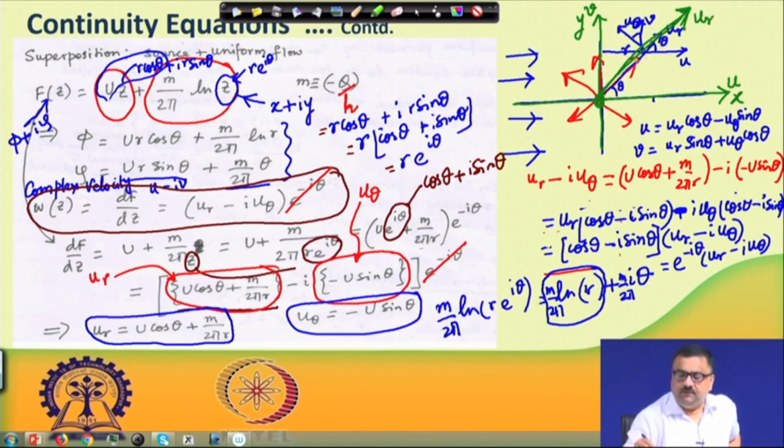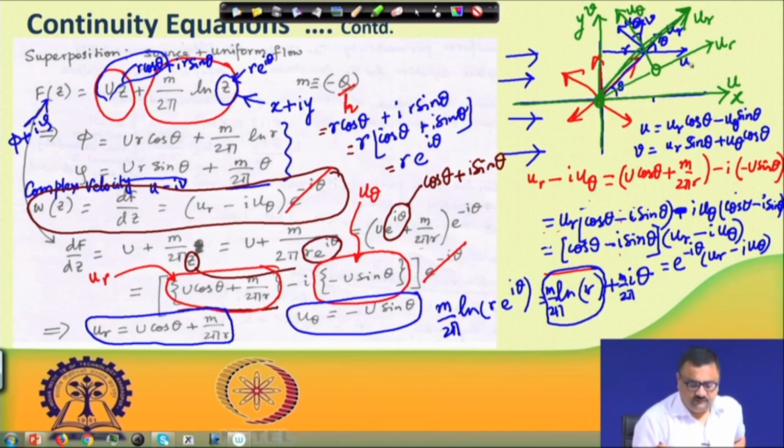So, at any point, let us say I am taking arbitrarily this point, I can have u and v, or I can have u r and u theta, in the r theta system. And what we see here is that u r is this quantity and u theta is this quantity.